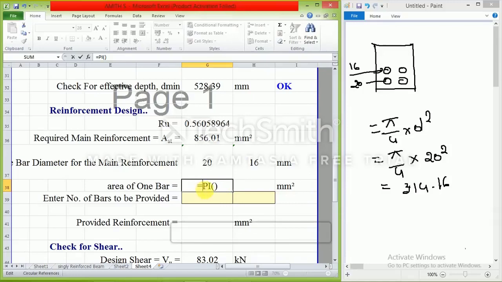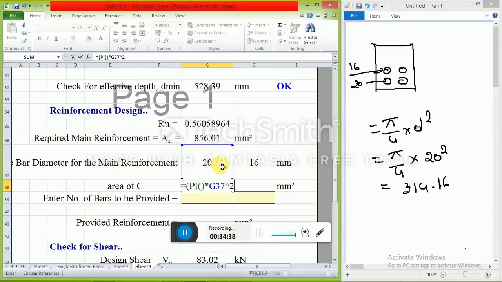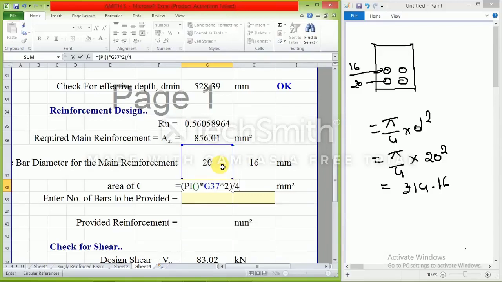Let me open one bracket here. Pi into the diameter of the bar, square of that. I am closing the bracket, divided by 4.